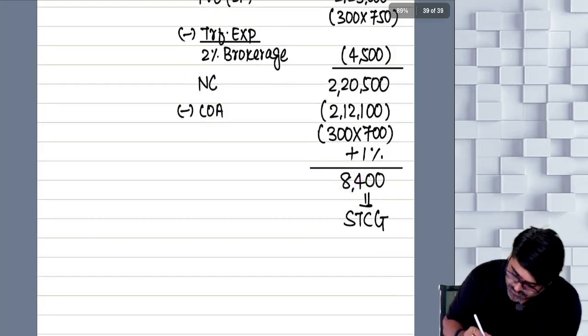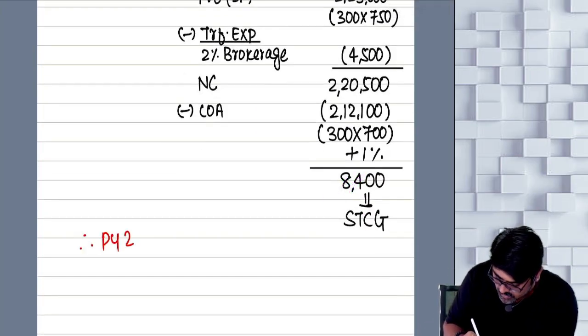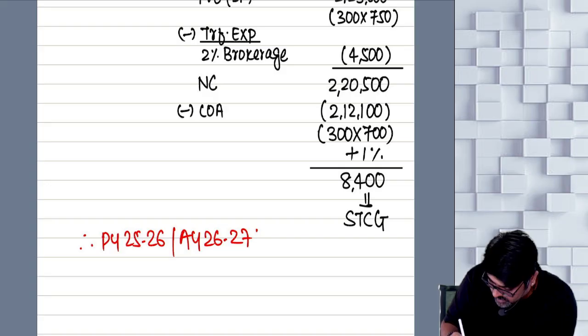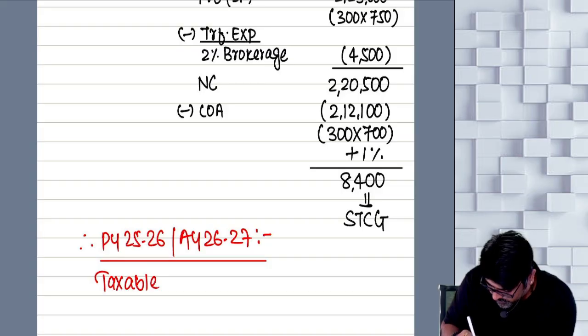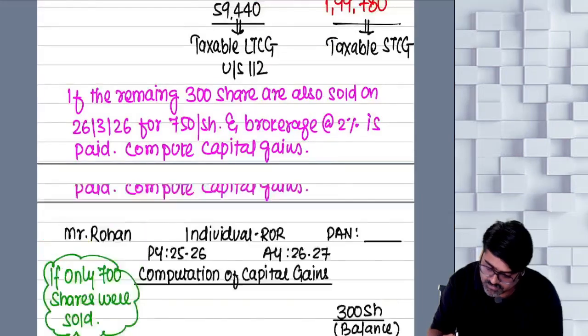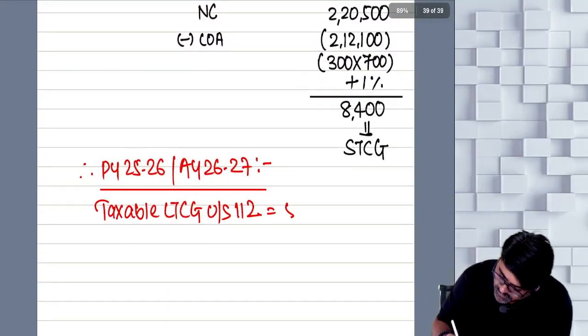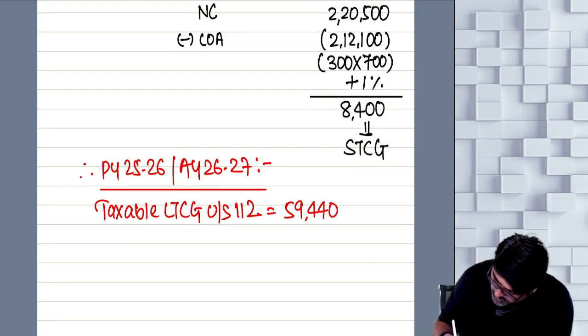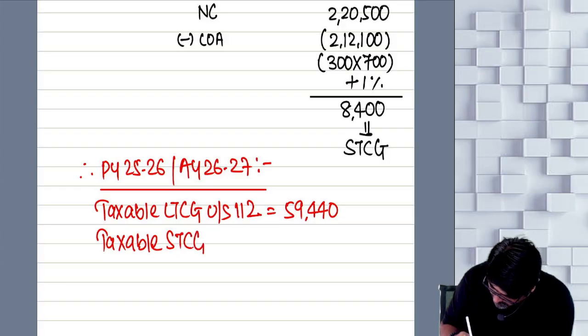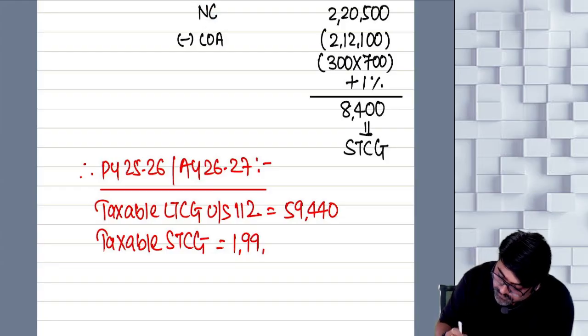So for previous year 25-26, assessment year 26-27, the taxable LTCG under section 112 will be same, 59,440, and my taxable short-term capital gain, which was already 1,99,780, yes or no?